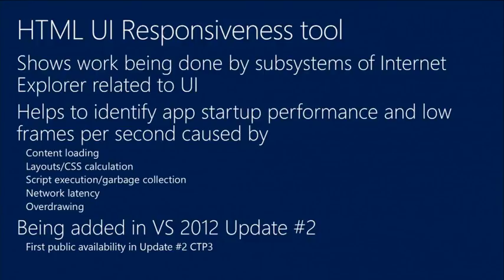This tool shows you a bunch of the work that's going on in the subsystems with Internet Explorer. Now I'm saying Internet Explorer here, but this is still Windows 8 store applications that are running on the desktop. The HTML processing engine for store apps is still Internet Explorer. So even though I'm saying IE up here, we're still talking store apps.